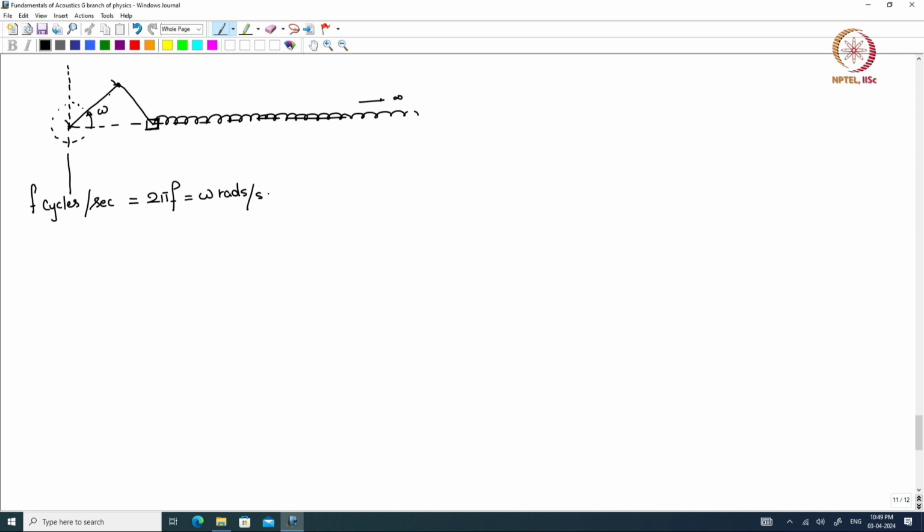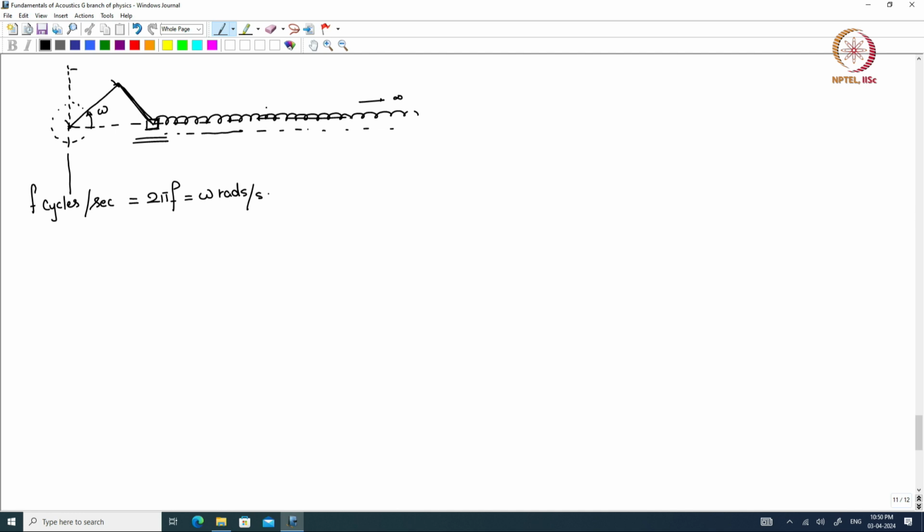Now, as this crank rotates, it will pull this mass back and forth, due to this slider, and this movement of this mass will be transmitted through the spring towards the right. As this crank does repeated rotations, that information is transferred repeatedly through the spring, okay.